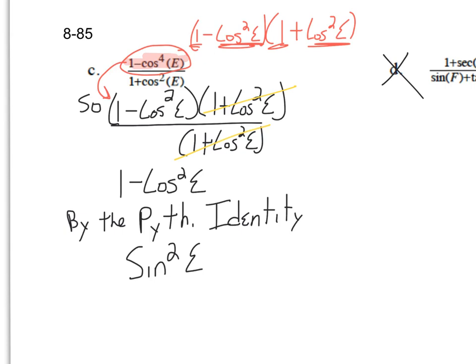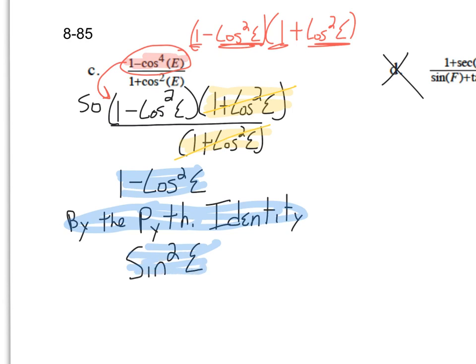Well, there's a 1 plus cosine squared x in the denominator. Therefore, this factor and this factor cancel, and you are just left with 1 minus cosine squared x, which by the Pythagorean identity is the same as sine squared x.